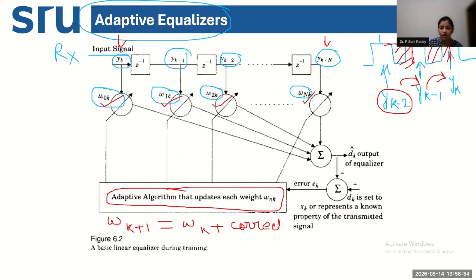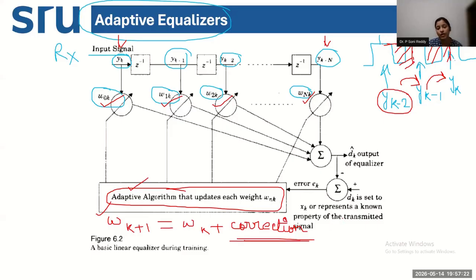So what is the correction term here? The correction term is being updated every time. The previous value is added with the correction term, and you are generating the updated value. So this algorithm is actually changing the constant values here. Now, how is this correction term being created?